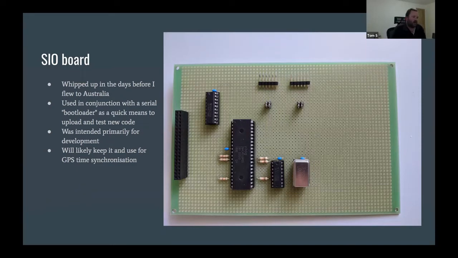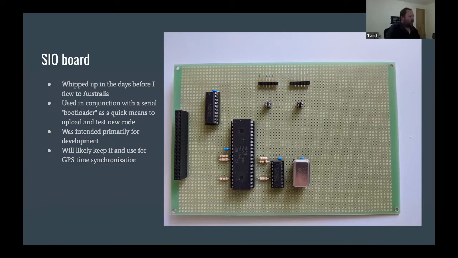I wanted to write a small bootloader which would sit in ROM and then be able to upload code over a serial link and then execute it from RAM to help with the development process, rather than having to take the ROM out, program it, and put it back. That's quite a tedious process when you're trying to do rapid development.